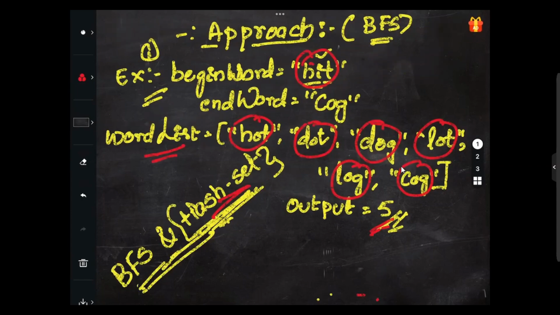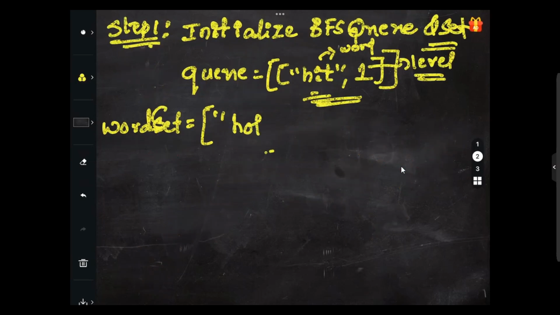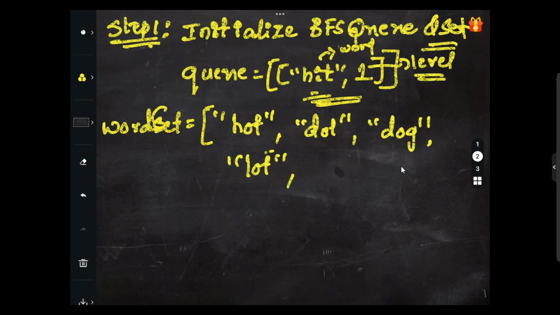First, we have hot, dot, dog, same thing, dog here, and next lot, log and cog, log, and finally cog here. This is fine. We have converted the word list to the word set, for the quick lookups, right?